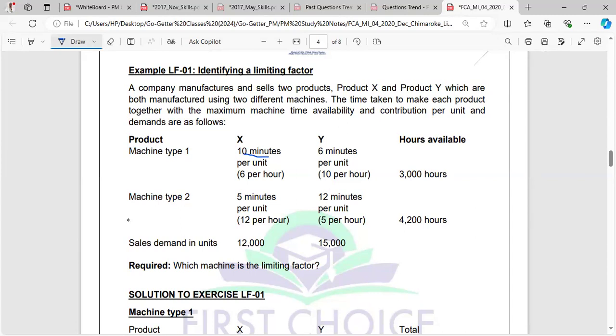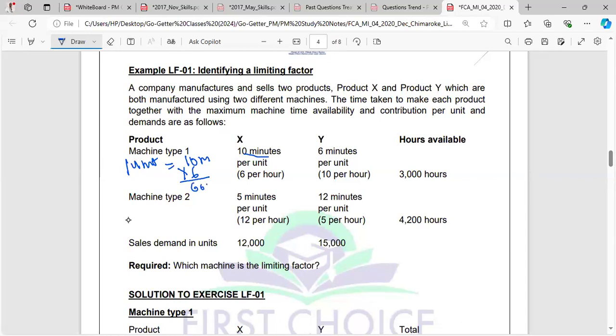Now, this is like saying if you use 10 minutes for one unit, so one unit equals 10 minutes. For 60 minutes, you're going to multiply by 6.